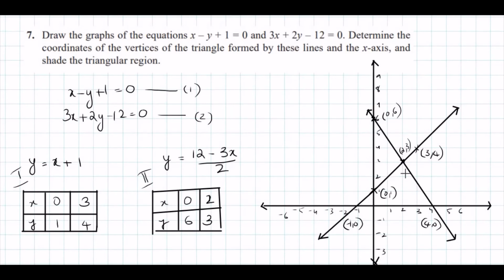Therefore, the vertices of the triangle are 2, 3, -1, 0 and 4, 0. So you have to shade this triangle region. So this is the triangular region formed by these intersecting lines and the x-axis.